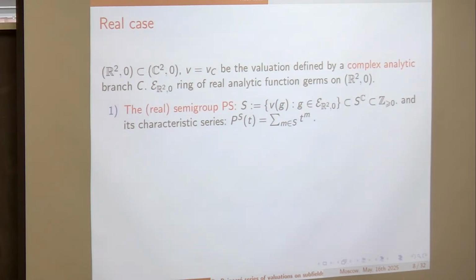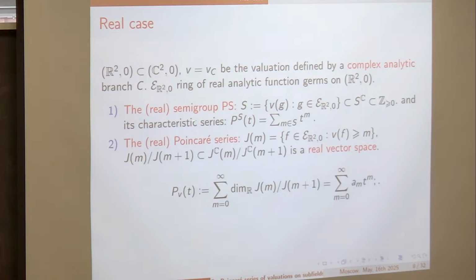Okay, in the real case, because I want to start to say something about the real case, which is easy to understand, well, more or less easy to understand. In the real case, you have the situation, repeating the notation I said before, you have the semigroup, you have the characteristic series of the semigroup, and you have the Poincaré series.